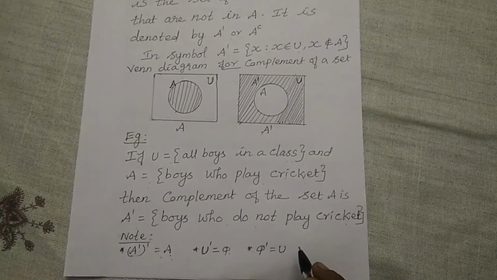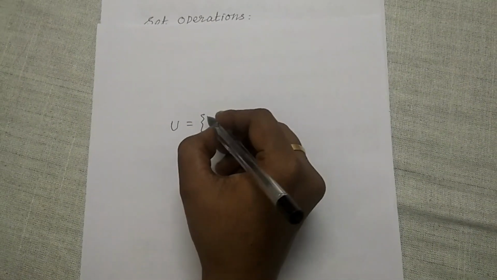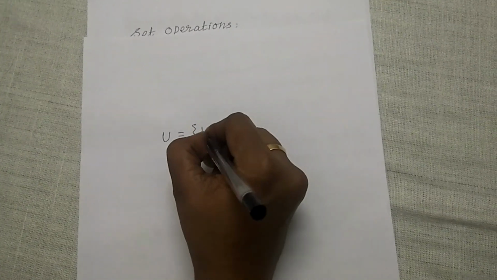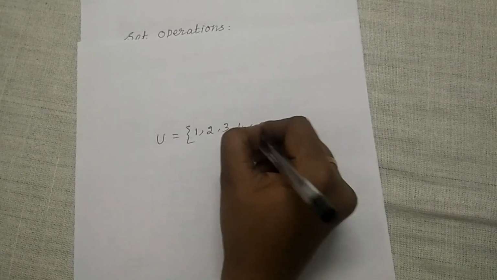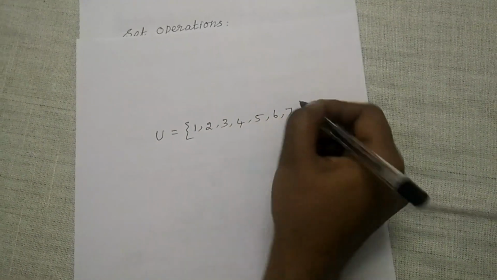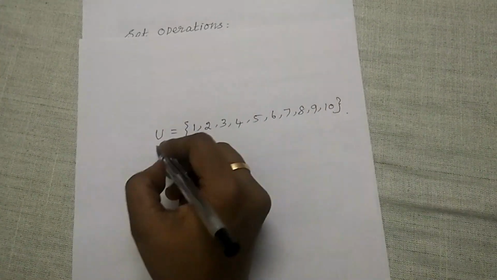Okay. Next, one more example. Universal set is equal to the set of natural numbers 1 to 10: 1, 2, 3, 4, 5, 6, 7, 8, 9, 10. 10 numbers you have to take.